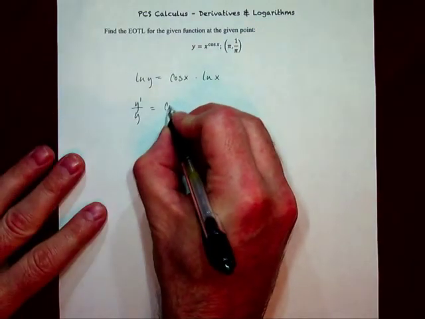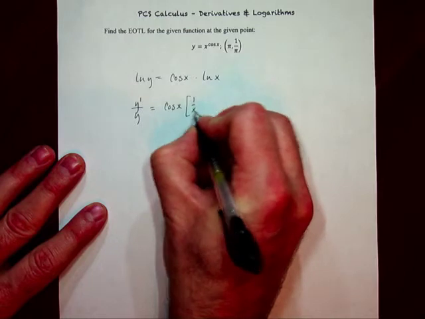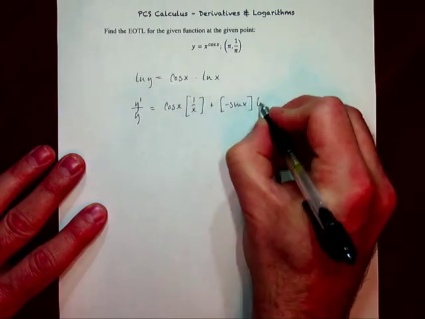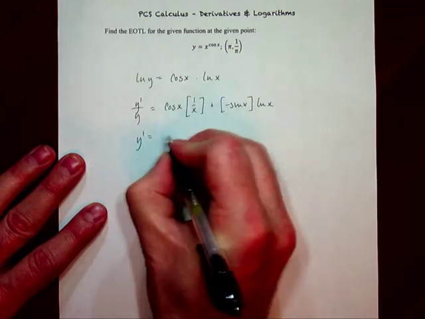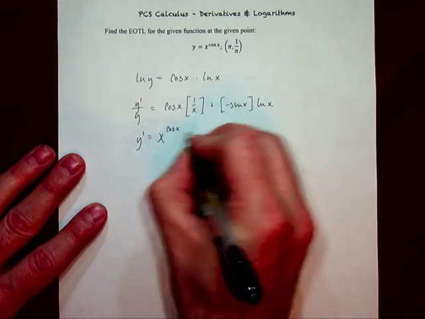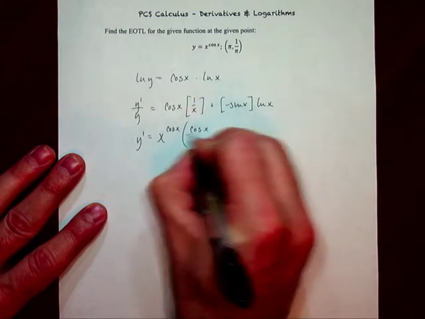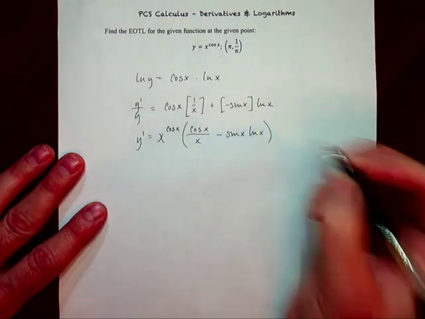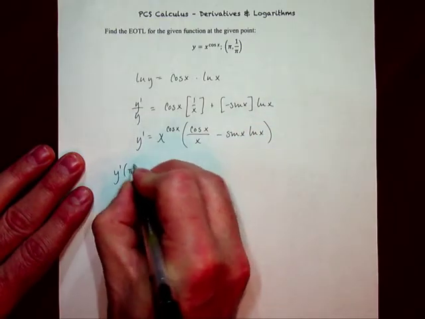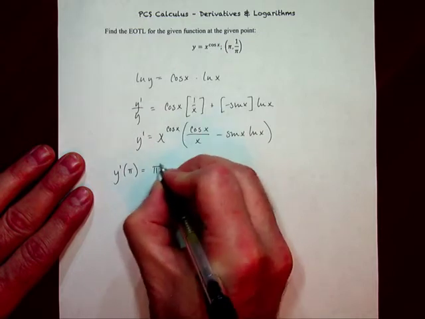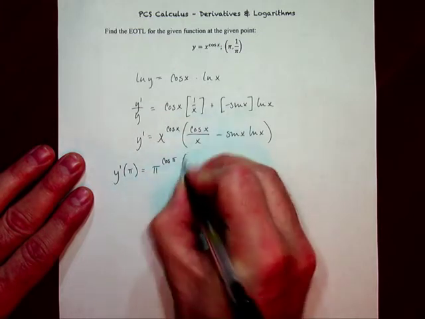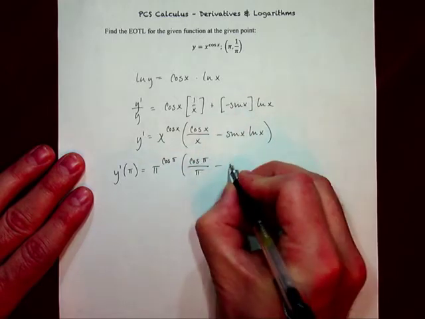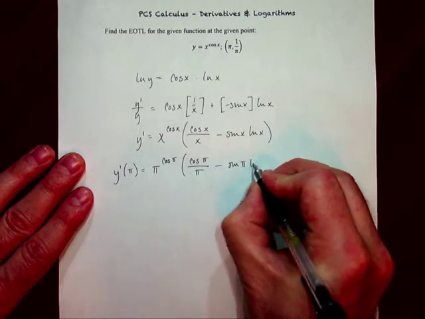We're going to have the first times the derivative of the second plus the derivative of the first times the second. And y prime is going to be x to the cosine x times cosine x over x minus sine x natural log x. And if I'm evaluating this at pi, this is going to be pi to the cosine pi times cosine pi over pi minus sine pi natural log pi.